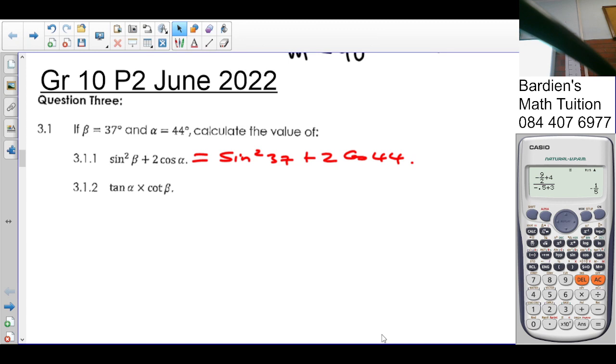So you put that in the calculator. So you're going to put sine squared. So what we do is we open a bracket, we put sine 37, close the bracket, squared. Okay, plus 2 cos 44. So that gives us 1,8 there.